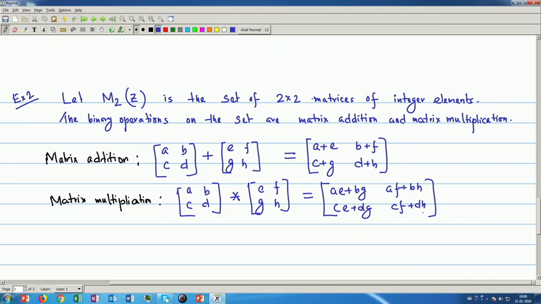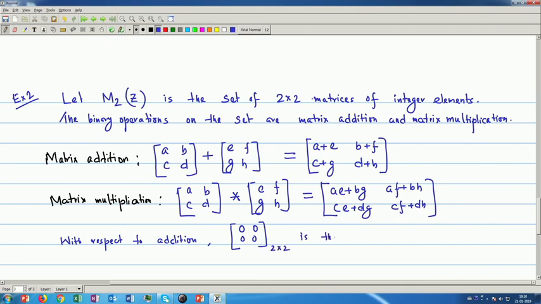Now, if we see, then the matrix addition, the additive identity with respect to the operation addition, is the 2 by 2 matrix [0 0; 0 0].